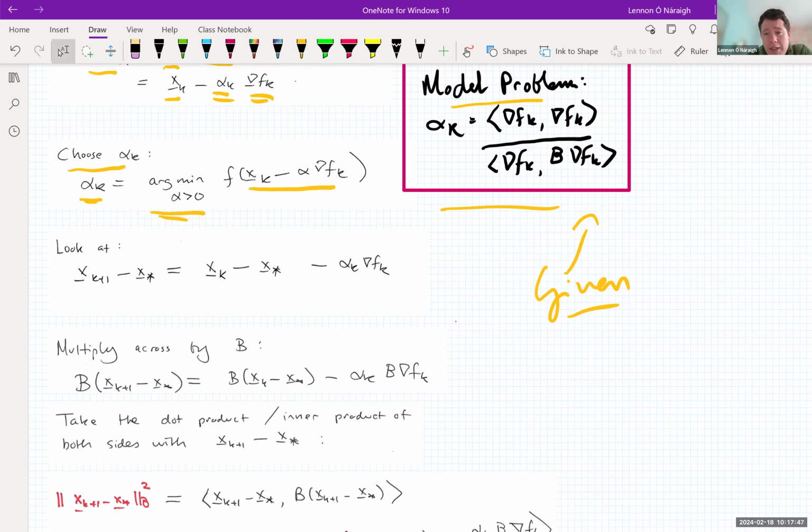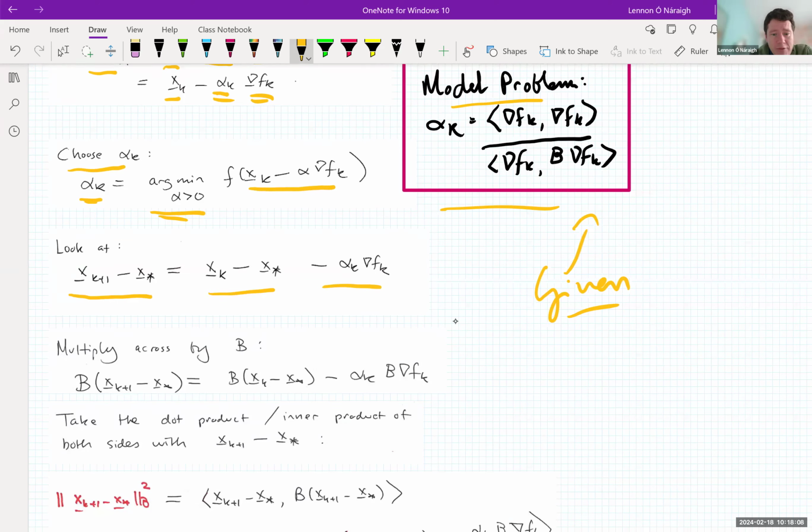So we're interested in how fast the method converges. It will be of interest to know how far we are from the true minimizer at iteration k plus 1, and how far we are from the true minimizer at iteration k. And the difference between these two is alpha k grad f.